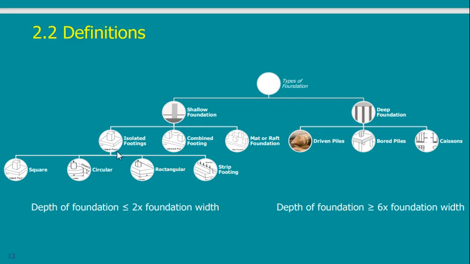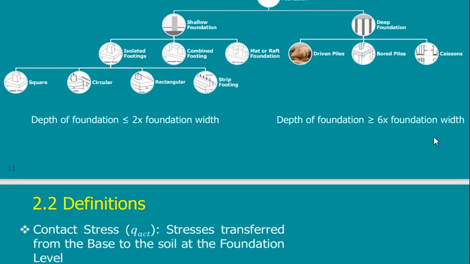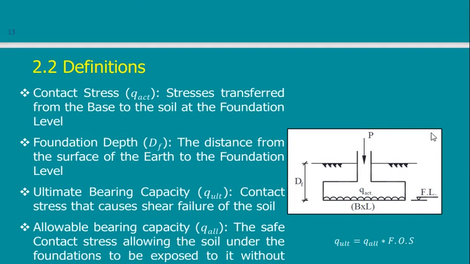The isolated footing is either square, rectangular, circular, strip. Just some definitions. Deep foundations, we have three major types: driven piles, bored piles, caissons, which are the big types of piles. Just some definitions.